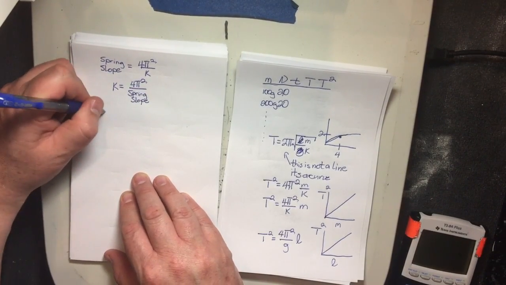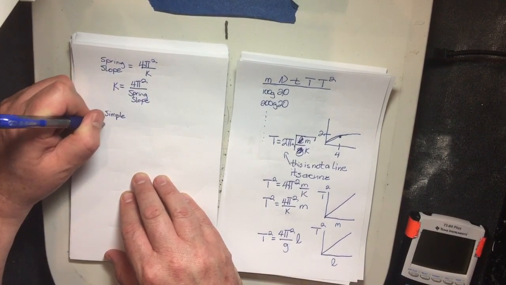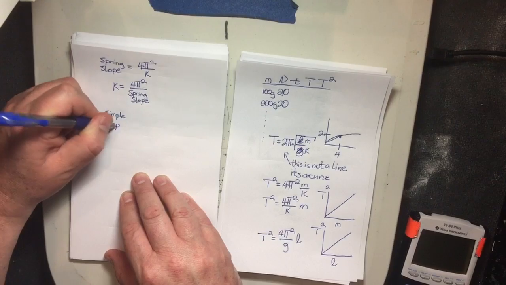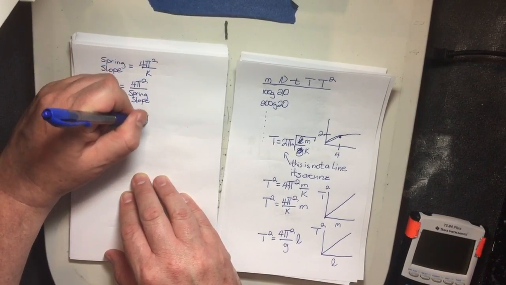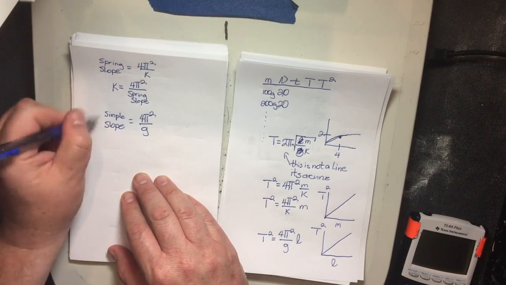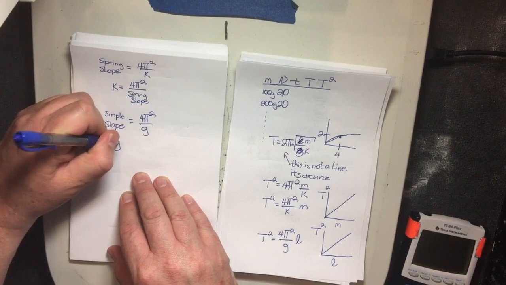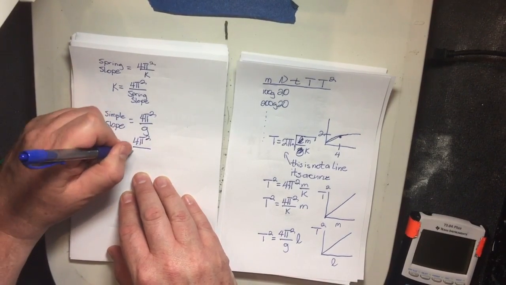And then in the other one, the simple pendulum slope is four pi squared over g. With this one, you can rewrite it like this.